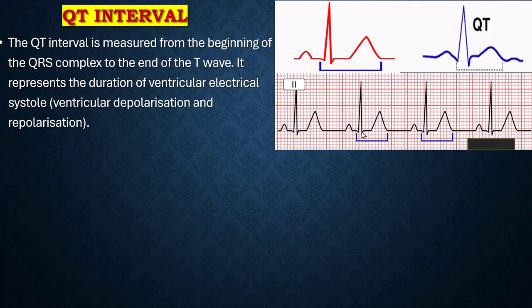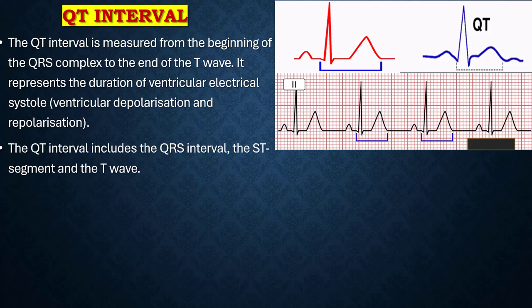It represents the duration of ventricular electrical systole, ventricular depolarization and repolarization. During the QT interval, first the ventricle is depolarized and then repolarized. The QT interval includes the QRS interval, the ST segment and the T wave.